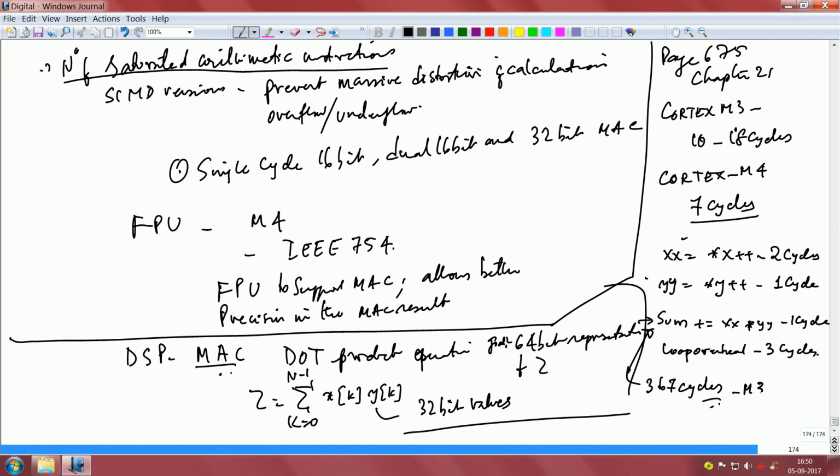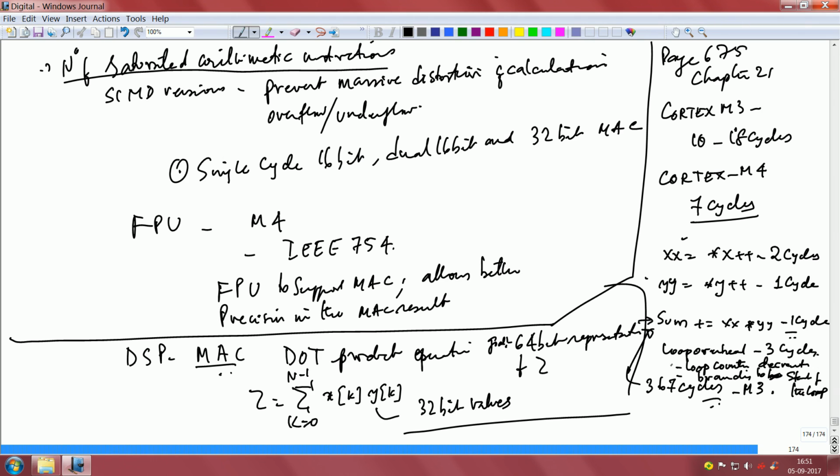This is for M3. So if you are deciding on a controller, look for this MAC operation, which cannot be better than this, just one cycle. The loop itself will introduce an additional overhead. This usually involves decrementing the loop counter, then branching, if any, basically branching to the beginning of the loop, the start of the loop.